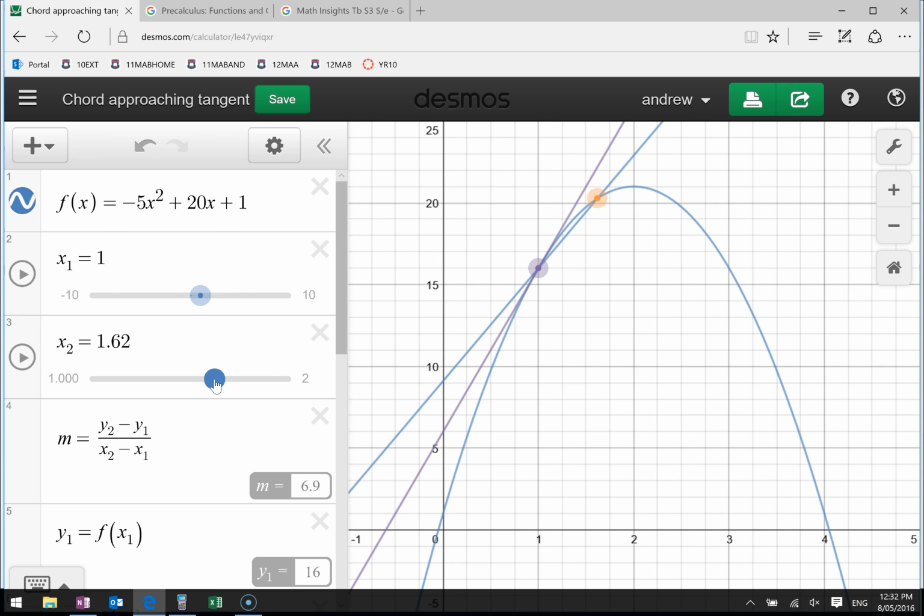So I'm going to move it to 1.5. Okay, there's our slope, 7.5. Okay, see how this slope is getting closer to the slope of the tangent, which is our instantaneous velocity. Okay, just demonstrate that again. We were between 1 and 2. We're now between 1 and 1.5.